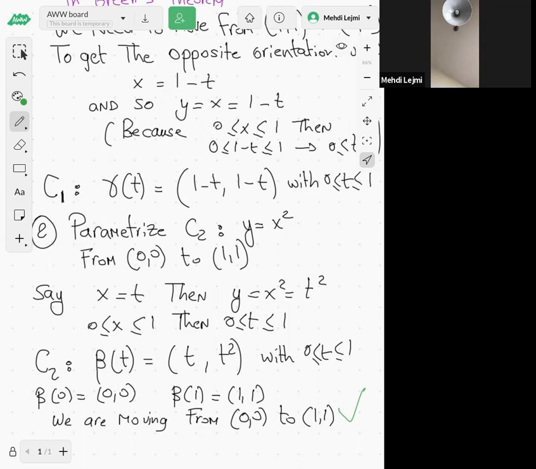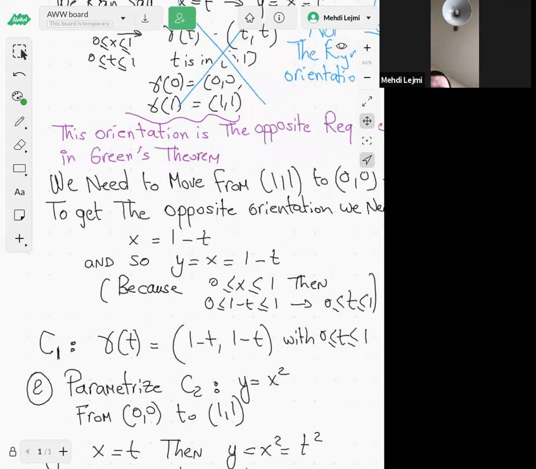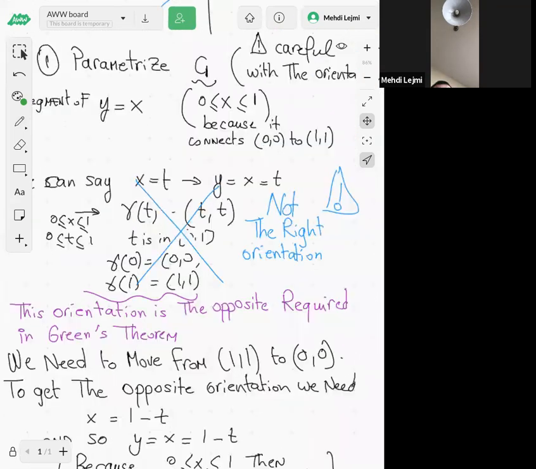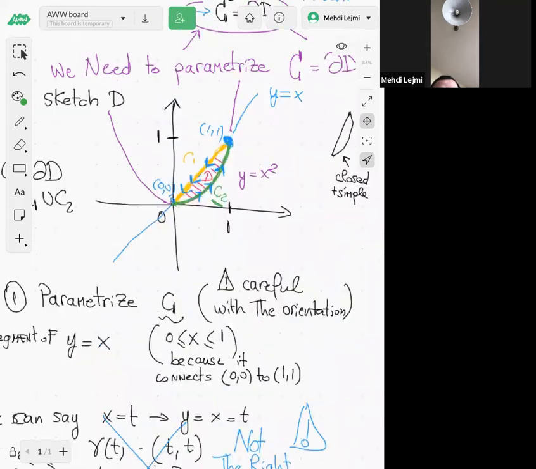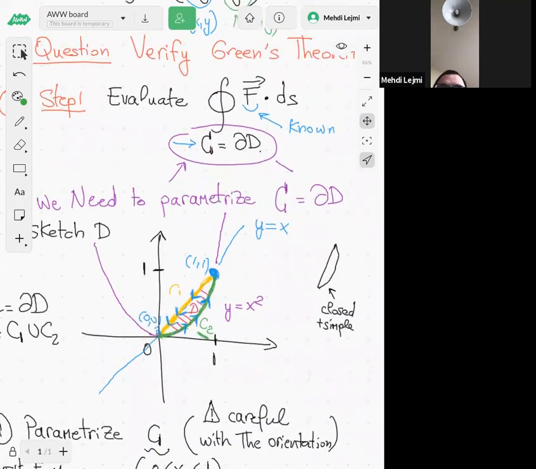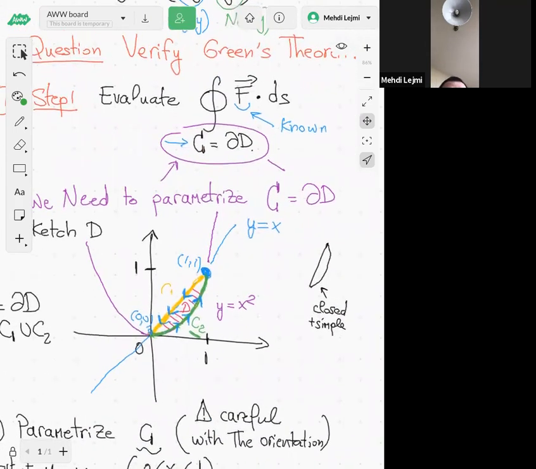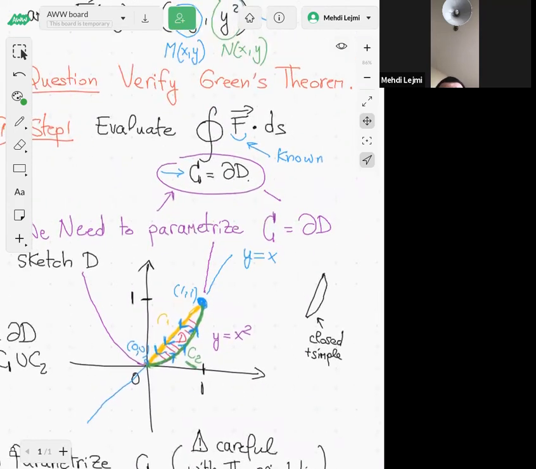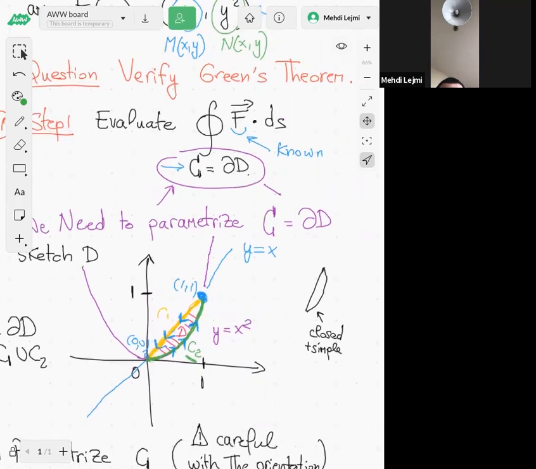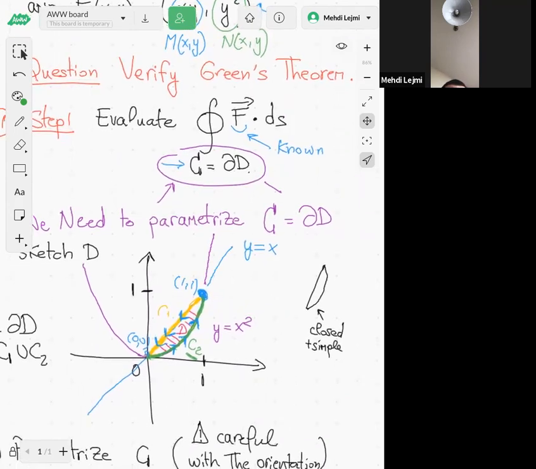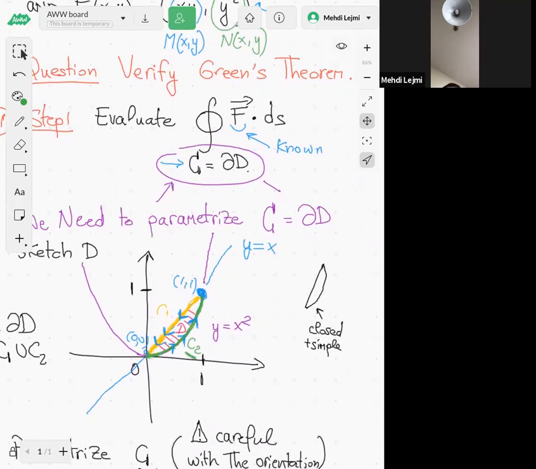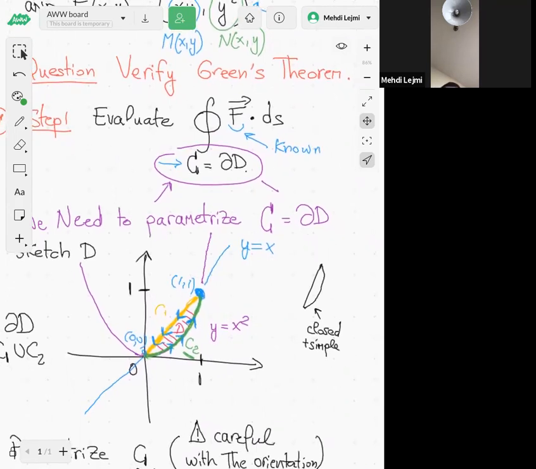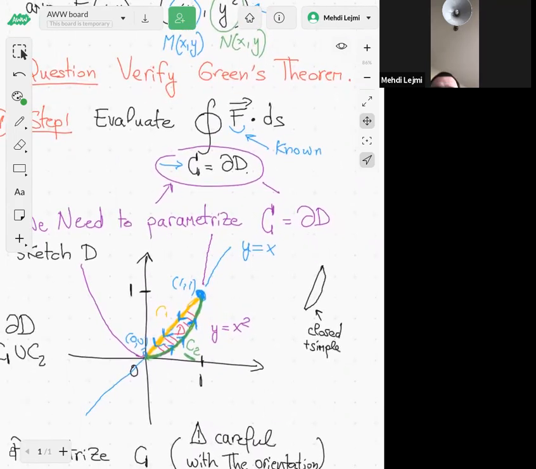So we are still trying to evaluate the first side in this Green's theorem. The first side is the vector line integral along C, which is the boundary of D. We know D, but we have to parameterize the boundary, and that's what we are doing now. Once you parameterize the boundary, you know your force field, so you are good to go and can compute your vector line integral.